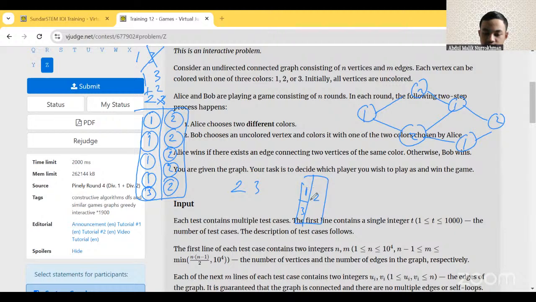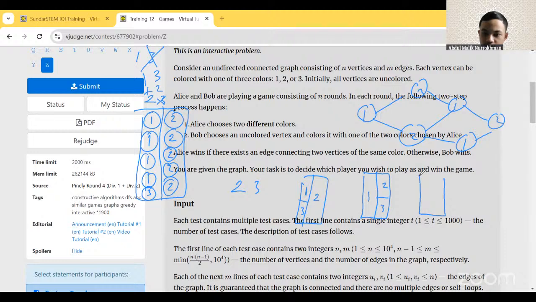Some of them colored with 1 and some with 3, right? Or the other case, where the first part is full before the second part. That's why the color is like this.